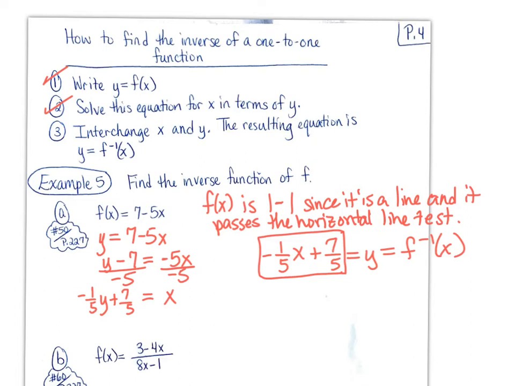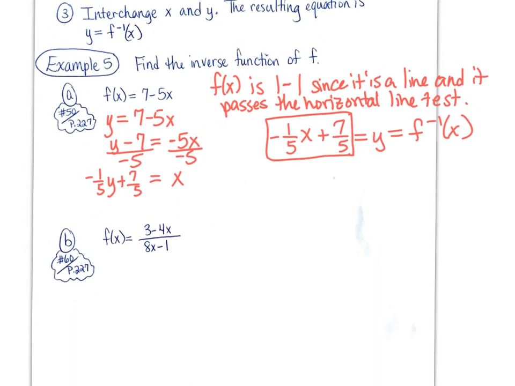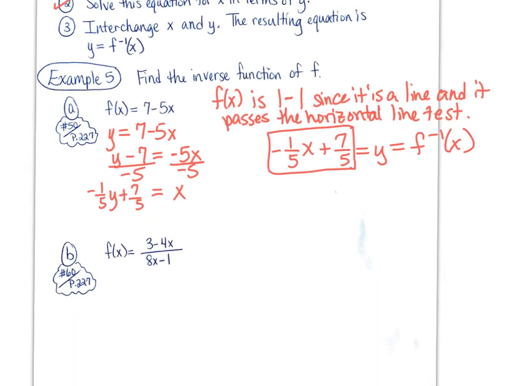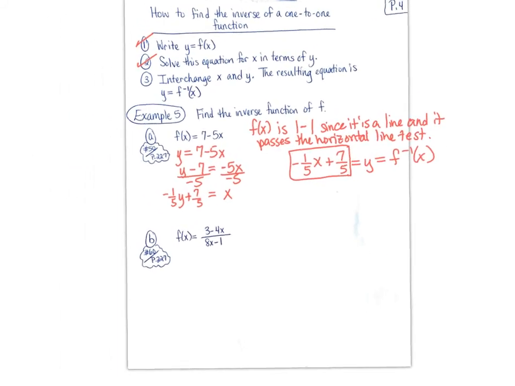What questions do you have? Okay. Part B, and I will zoom in this way and move it up so you can still have that on the screen if you wish.